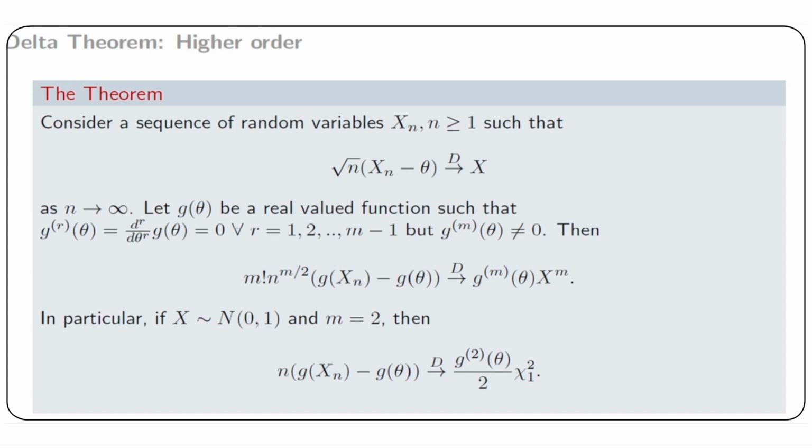Then m! n^(m/2) (g(Xn) − g(θ)) converges in distribution to X^m multiplied by the mth order derivative of g at θ. In particular, if X has a standard normal distribution and m = 2, then n(g(Xn) − g(θ)) converges in distribution to χ²₁ multiplied by the second order derivative of g divided by 2.